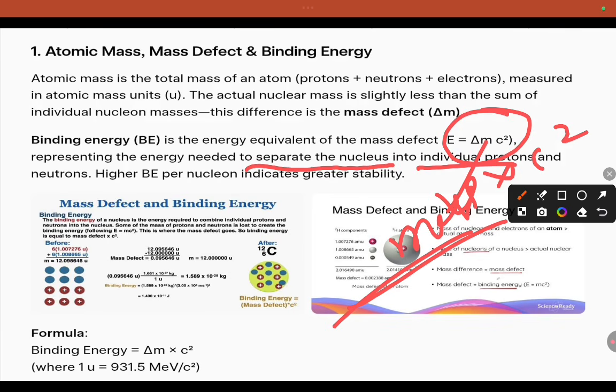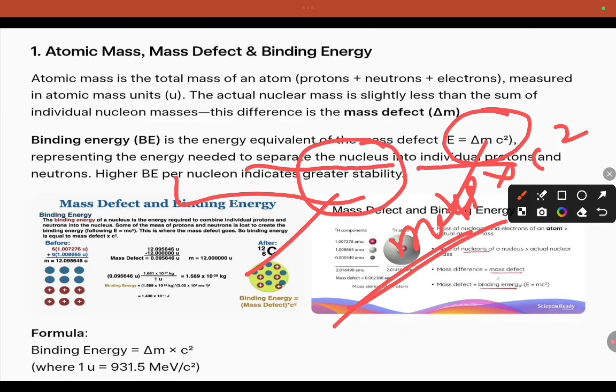To separate into individual protons and neutrons, you need energy, and that energy is called binding energy. Higher binding energy per nucleon means greater stability. The element which has more binding energy has greater stability.